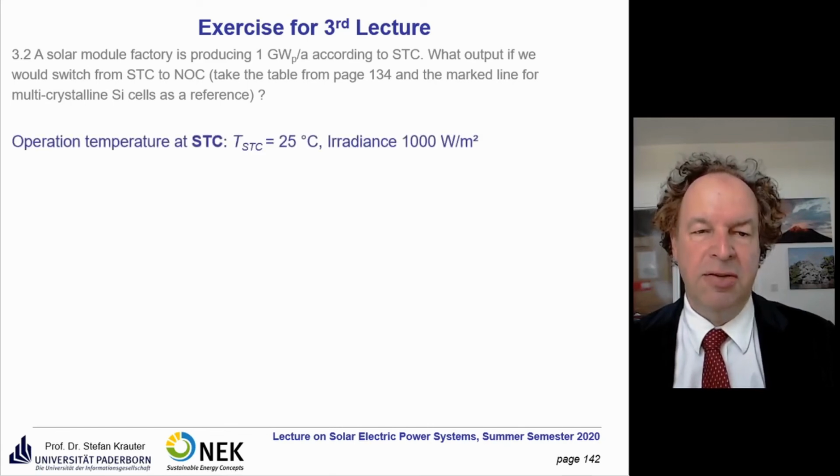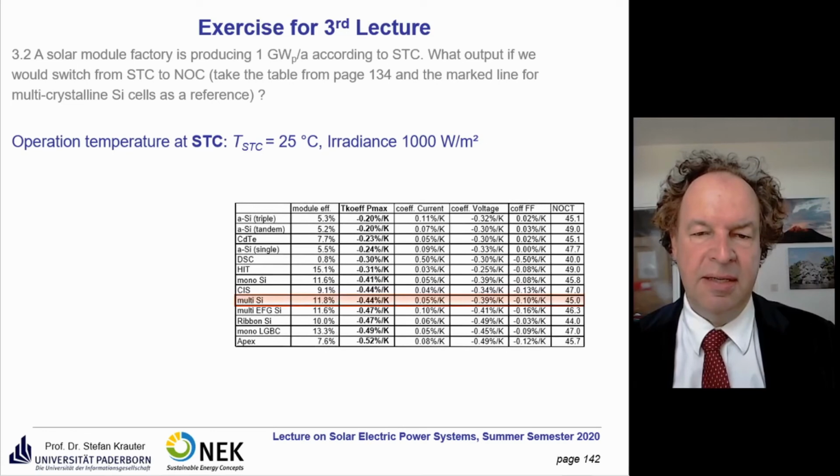Just a reminder, the operating condition at standard test conditions is 25 degrees Celsius of the cell, not of the outdoor temperature, and the irradiance is 1000 watt per square meter. And this is from the table here.